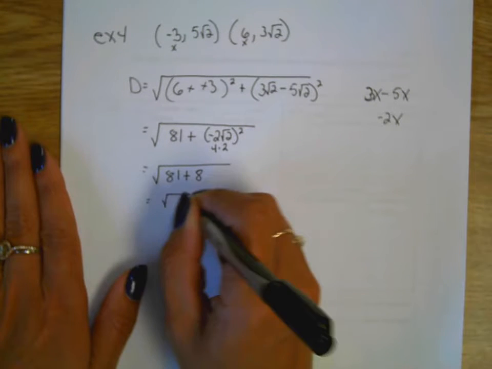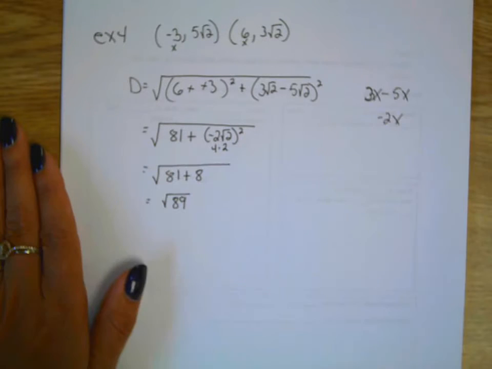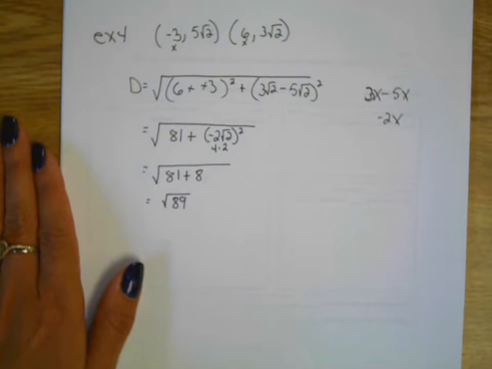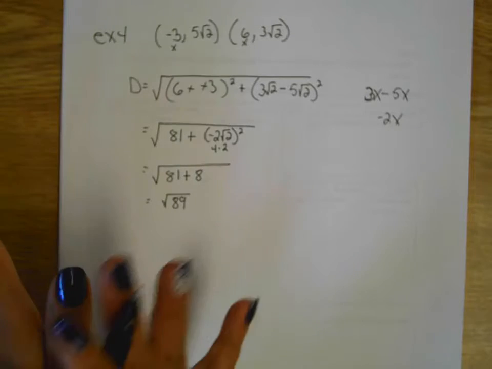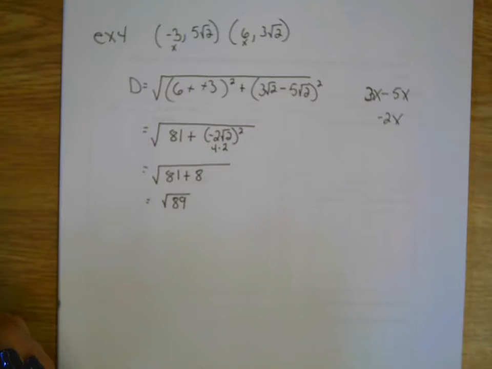So we are getting the square root of 89. Anything go into 89? Nothing obvious. We might have hit a prime number. I'm going with prime.